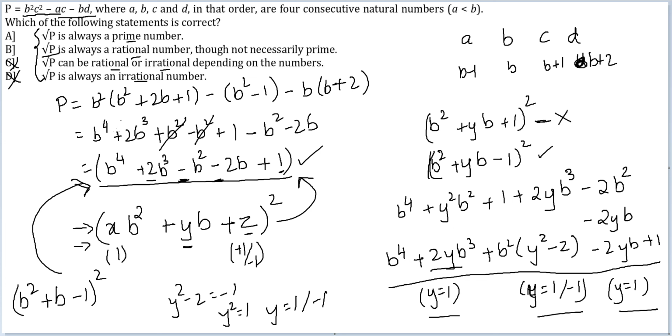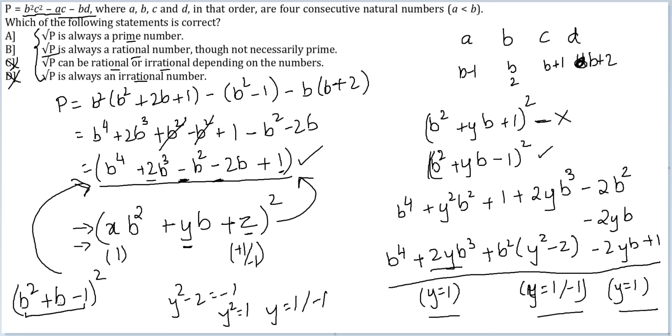Now I have to check whether it will always be a prime number. The smallest value of b that you can take is 2. Let's say if I take the value of b as 2, 2 square plus 2 minus 1 gives me 7. Wonderful. I have to see if this term always gives me a prime number.